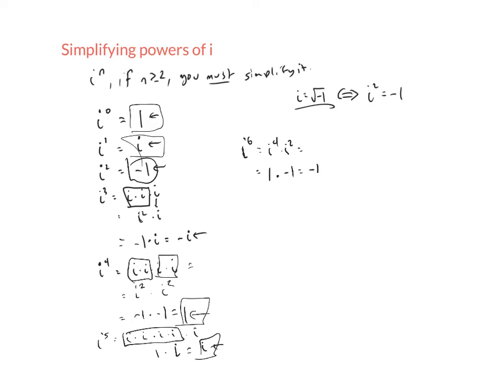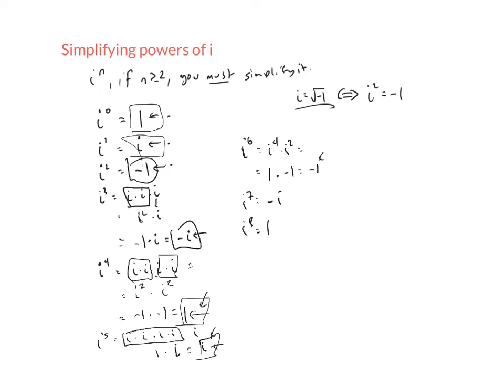So you see we've got a pattern going on: 1, i, -1, -i, and then it repeats again. 1, i, -1. So i to the seventh is going to be -i. I to the eighth, 1. I to the ninth, i. I to the 10th, -1. I to the 11th, -i. And so forth and so on.